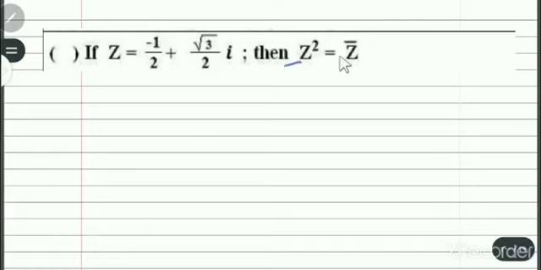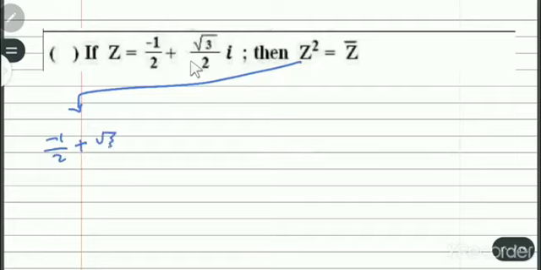So first of all, I want to find z squared. I know z equals this as given, so -1/2 + (square root of 3)/2 i. Here this is z, but he wants us to find z squared, so this is z squared. Now this is a perfect square. The rule says the first term squared.